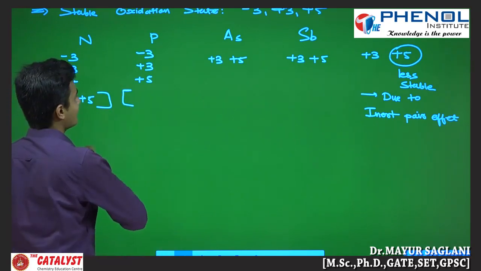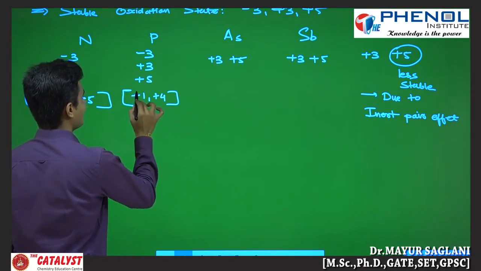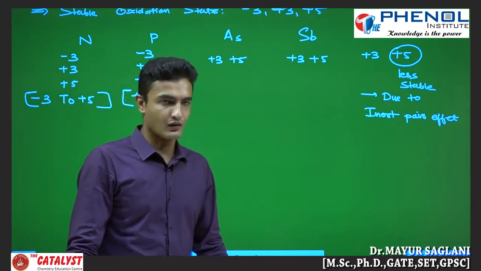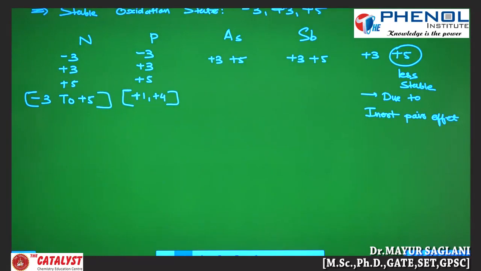Phosphorus exceptionally shows +1 and +4 oxidation states in the oxo acids and with oxygen. These are the exceptional oxidation states of phosphorus. Okay, fine.